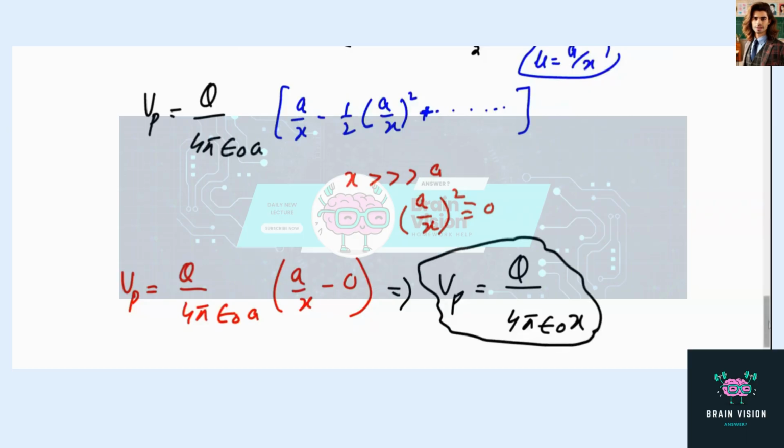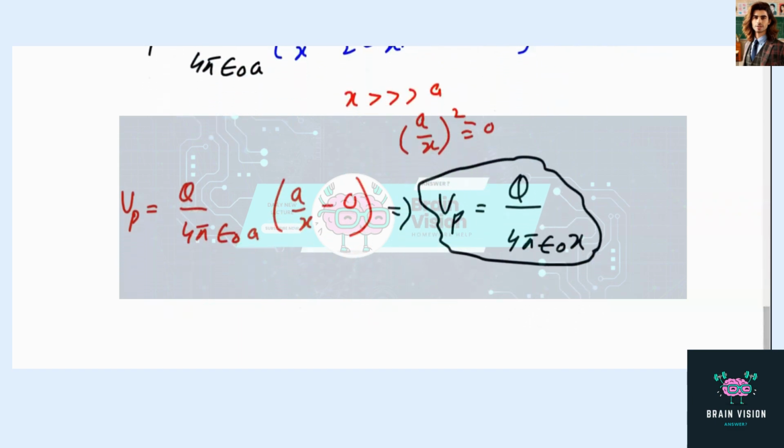So when x is very great as compared to the length of rod, then the rod will act as a point charge.